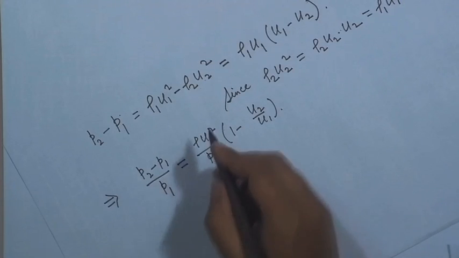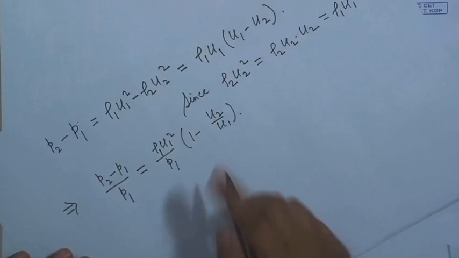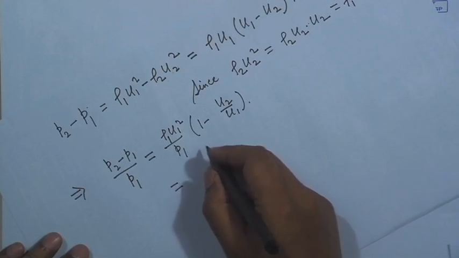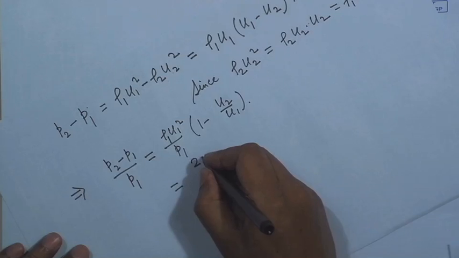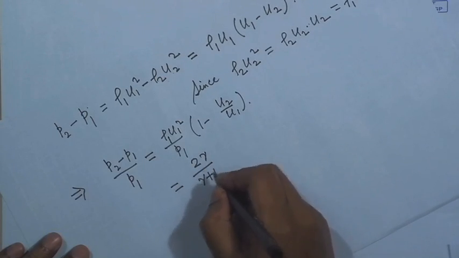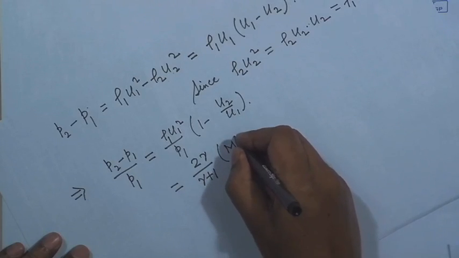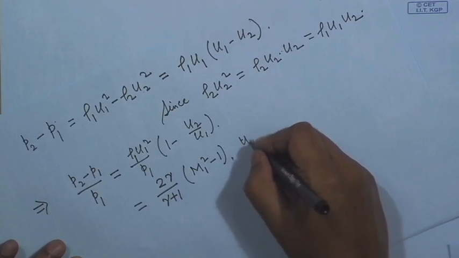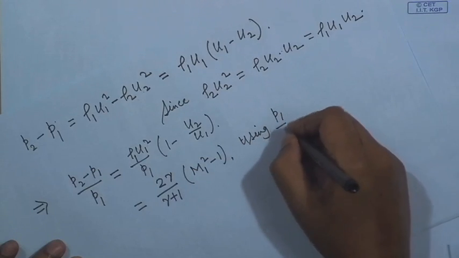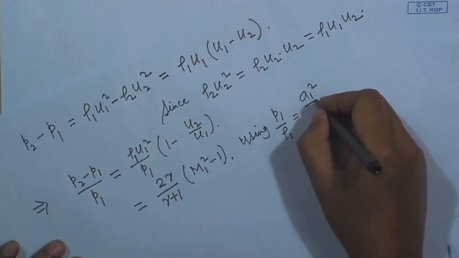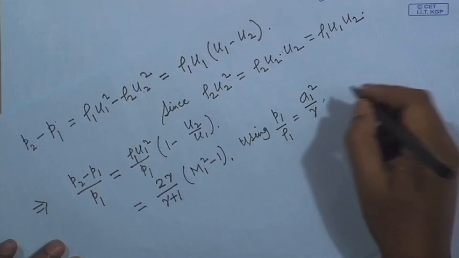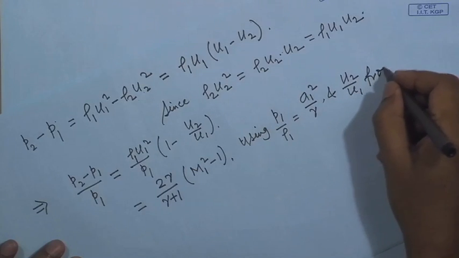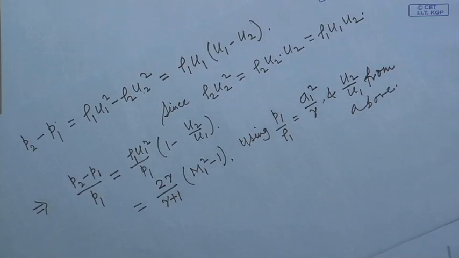Then, using the isentropic relation P1 by rho1, we can write this to be two gamma by gamma plus 1, and the above velocity ratio as we obtained earlier.